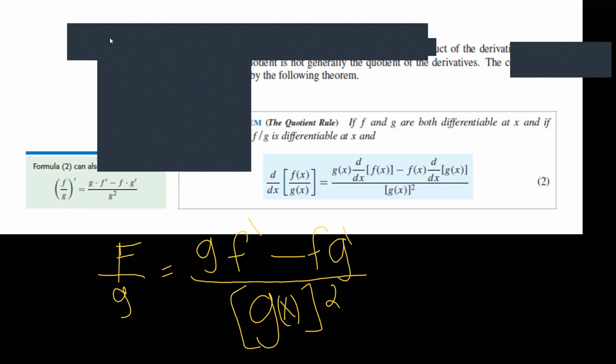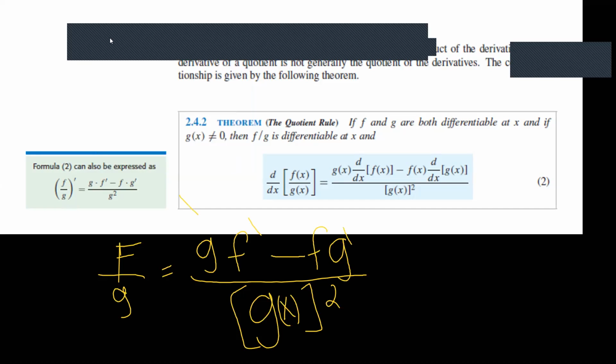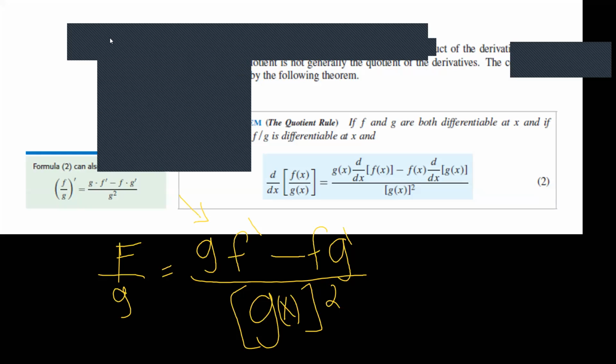Here I have f over g. The g is a denominator. I will put it down. Every time I will put the denominator down. Then the function that is squared down, I have to start with it here. It's not commutative like the addition.